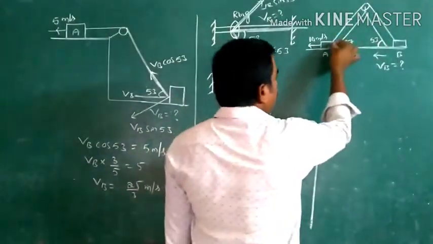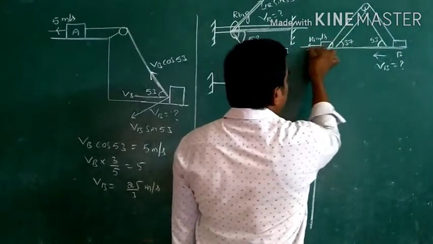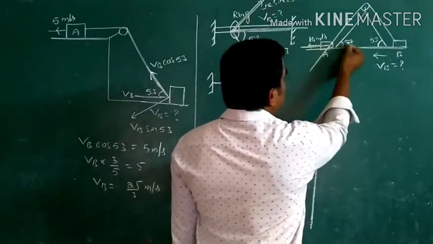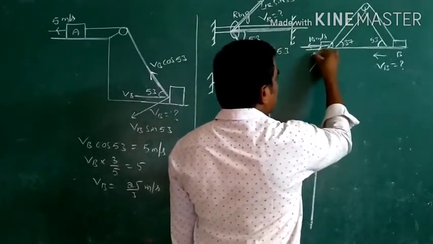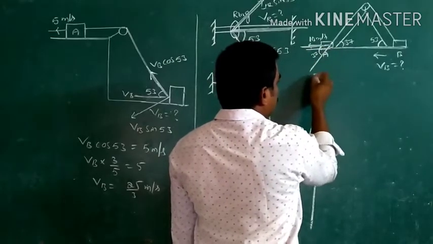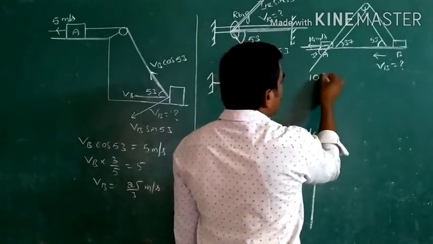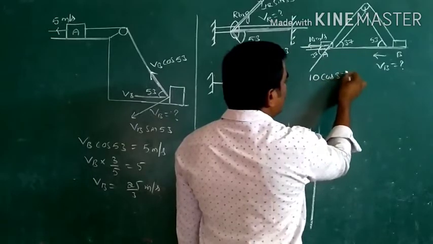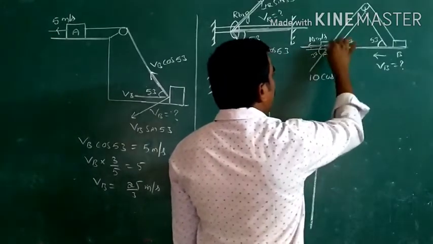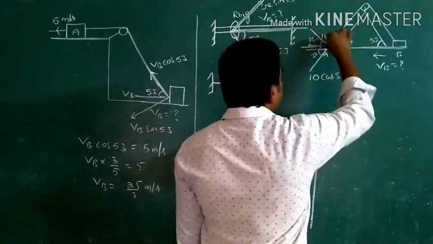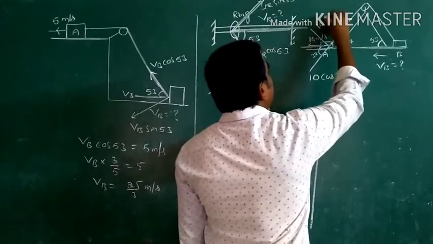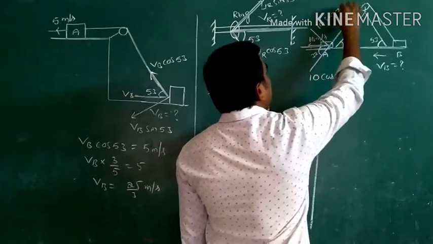VA can be resolved into two components. The angles are equal, so this is also 37. One component is 10 cos 37 degrees, and another component is 10 sin 37.